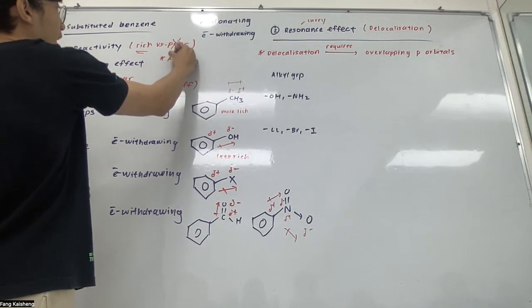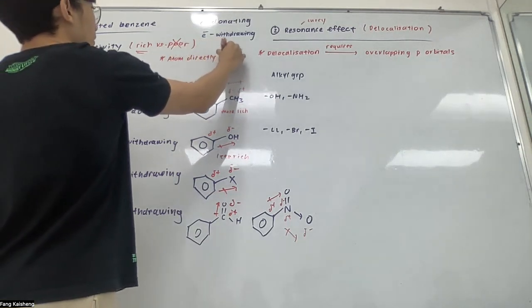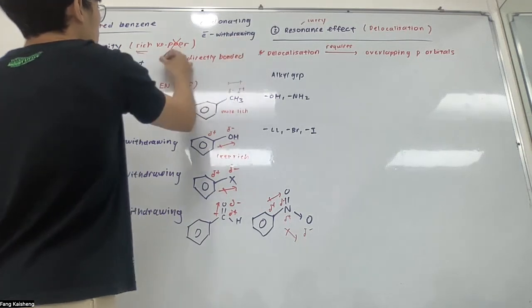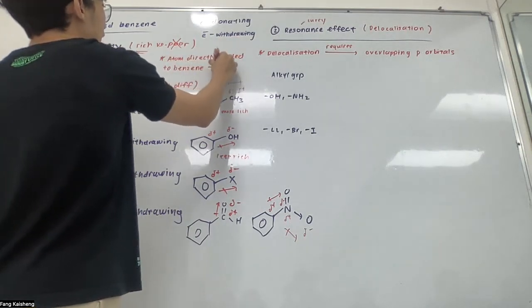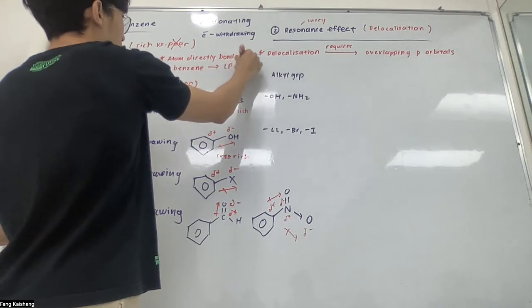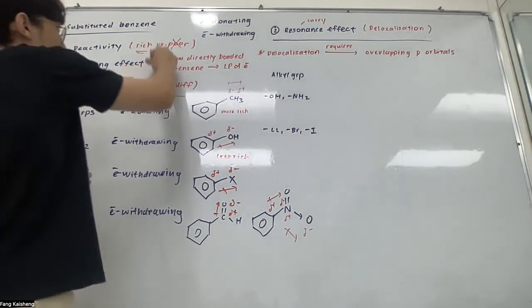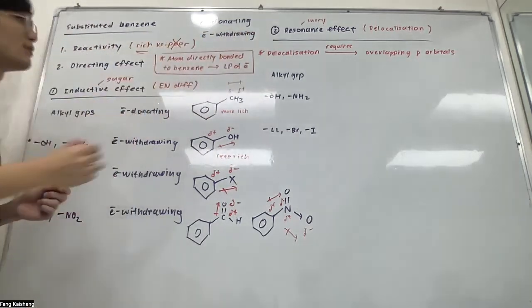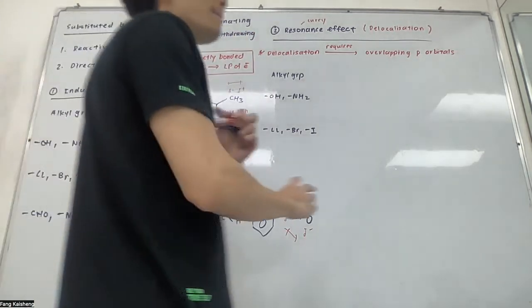The atom that is directly bonded to benzene. This is what we're going to focus on: just the atom directly bonded to benzene, whether it has a lone pair of electrons. Always look at this atom and check if it has a lone pair. So we're going to establish this first.